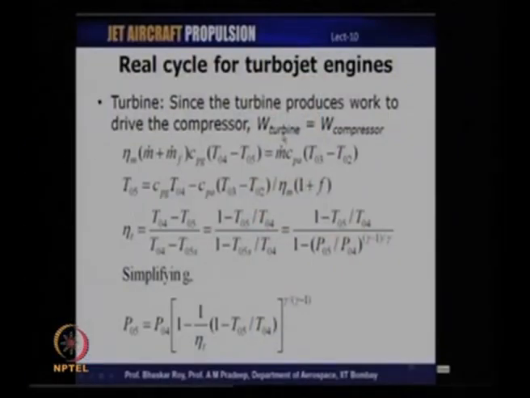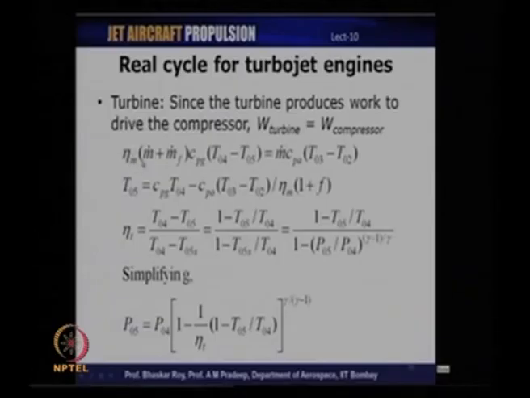For the turbine, we will first write that turbine work is equal to compressor work. Of course, we will also include the mechanical efficiency here, because the amount of work that the turbine produces is reduced by the amount given by the mechanical efficiency.